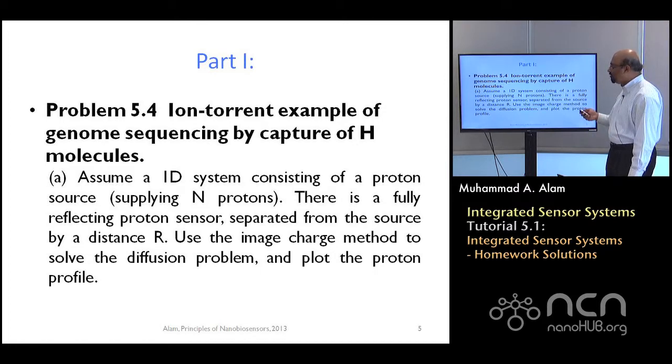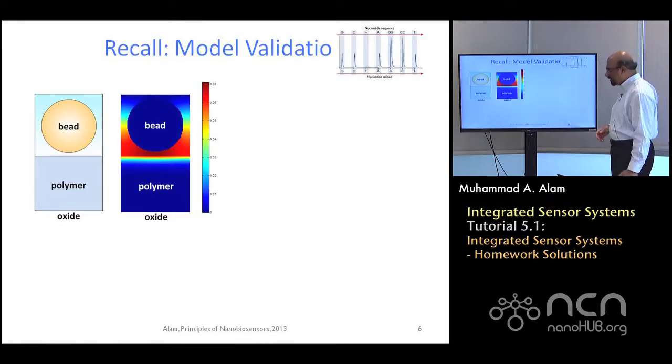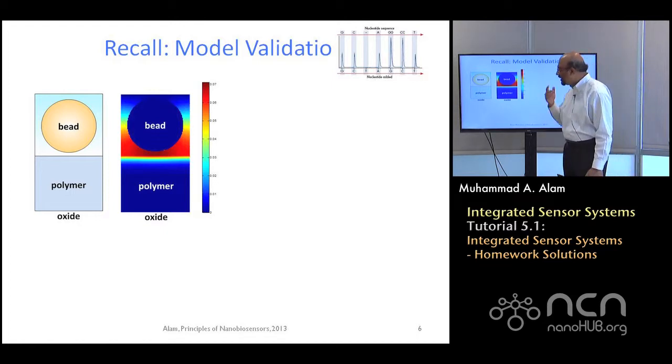And then finally, I'll show you some examples about the dynamics of genome sequencing using the Ion Torrent example. You remember when we were discussing in the lecture that this is the bead and the DNA were decorated around it, and then they were diffusing out.